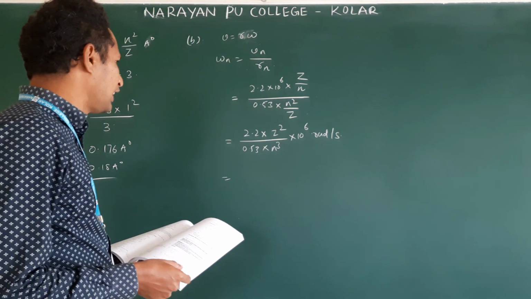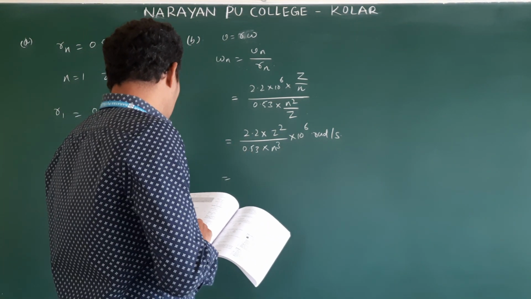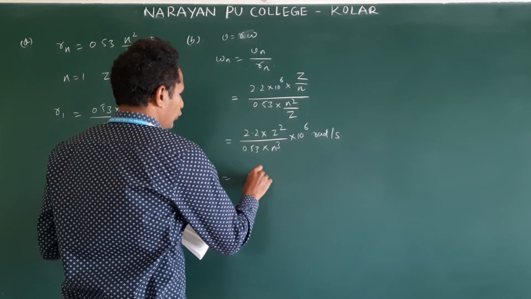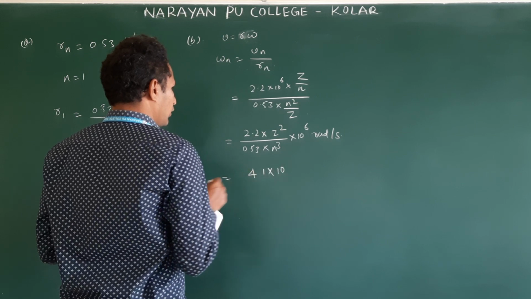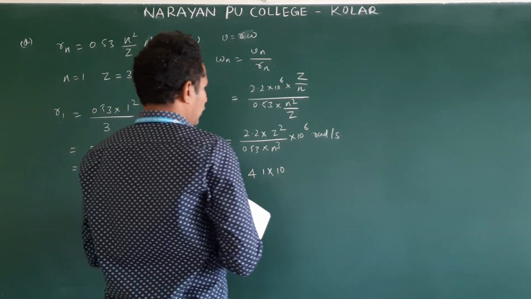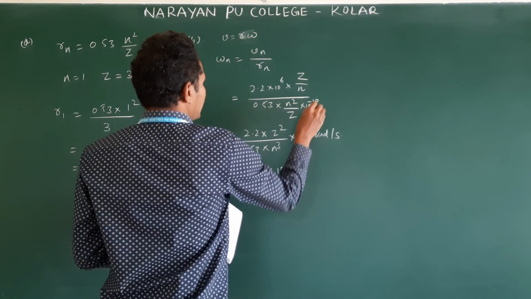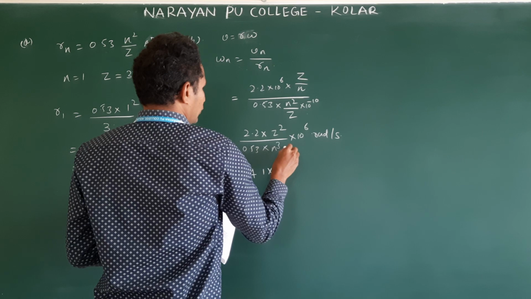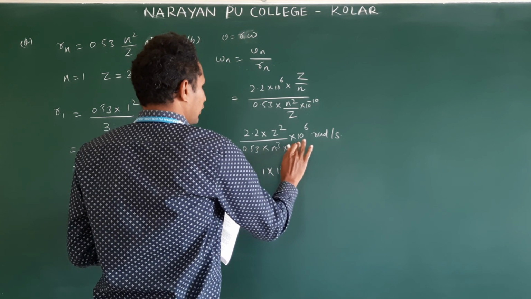Okay, for hydrogen atom they are asking, so substitute Z value 1 and you will get 4.1 into 10 power, angstroms I will not substitute, so 10 power minus 10.